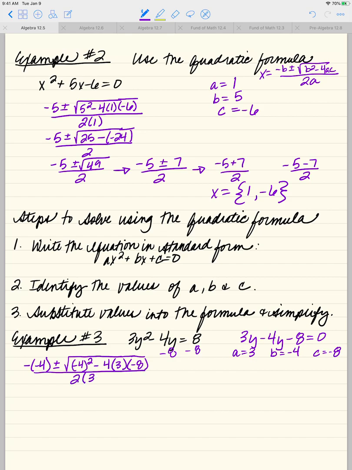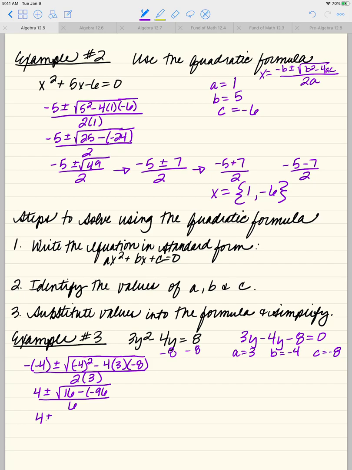So 2 times 3. So that's 4 plus or minus the square root of 16 minus 4 times 3, which is 12, times negative 8, which is negative 96, all over 6.